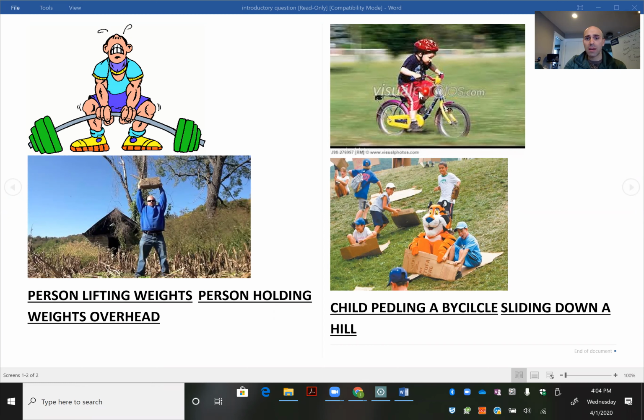This young lad right here is pedaling a bicycle. And Tony the Tiger and this kid, they are sliding down a hill. So I would like to know what type of energy is going on and is there work being done or not? Why don't you think about this for a second, pause this video if you need to, and I will give you a couple seconds and then we'll talk about this.